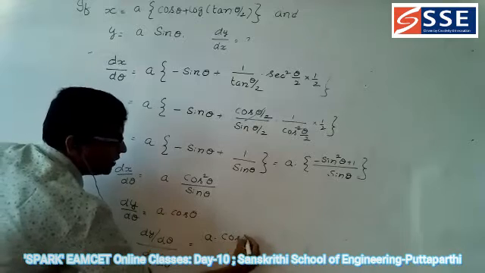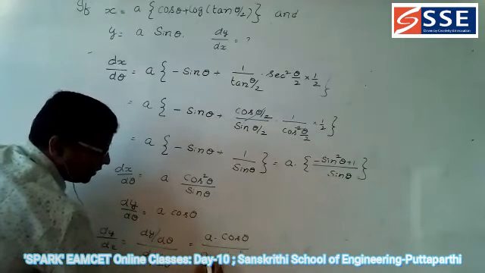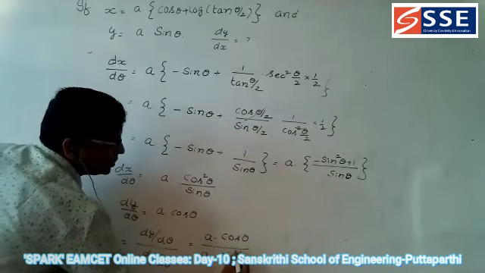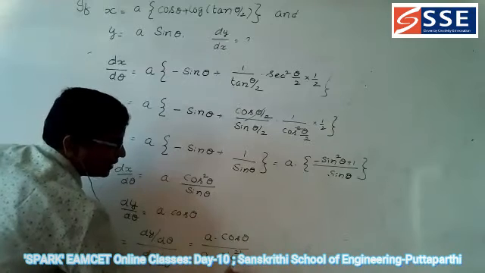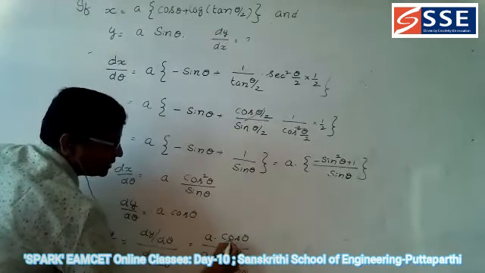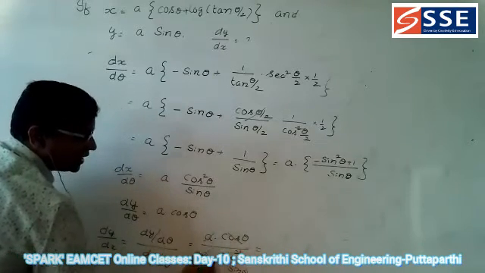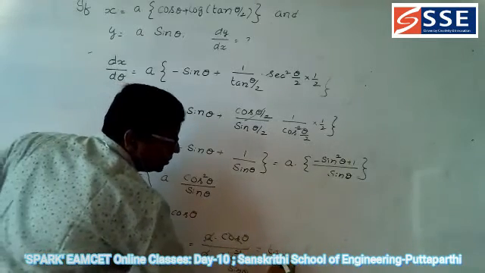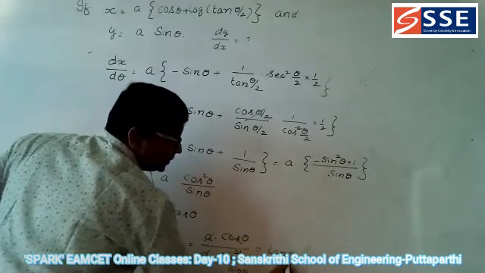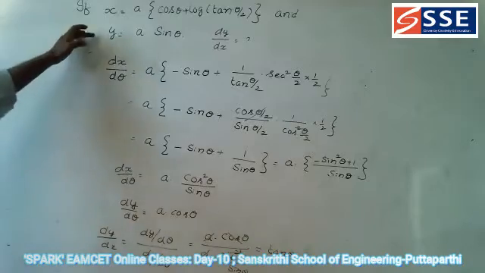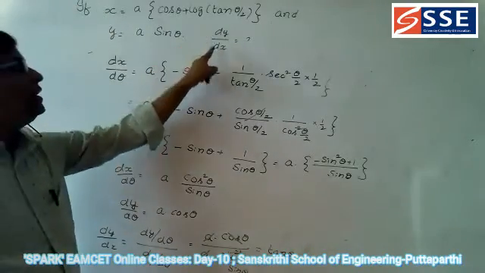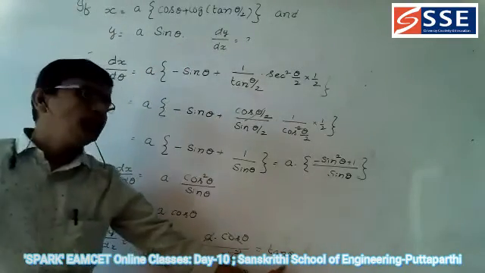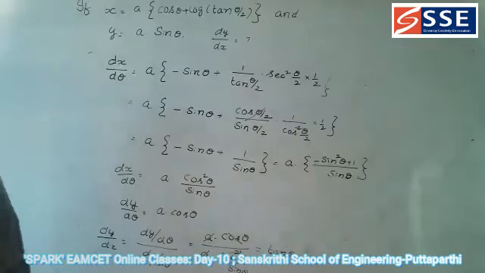A cos theta divided by a cos square theta by sin theta. One cos theta cancels, a cancels, this goes up, so sin theta by cos theta is equal to tan theta. So this is the answer. So when x and y values are given and asked to find dy by dx, we are going to find the answer as tan theta.